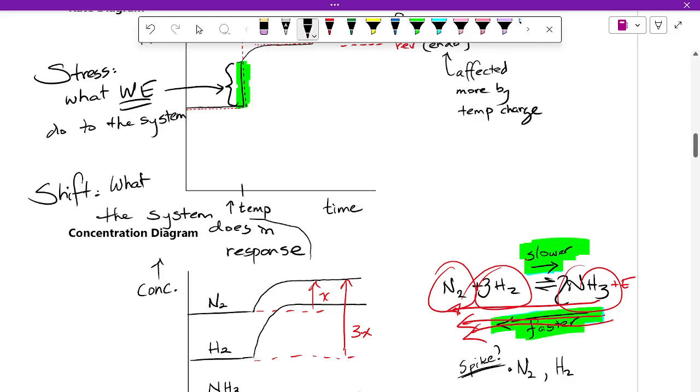There we go. So stress is what we do, shift is what the system does.